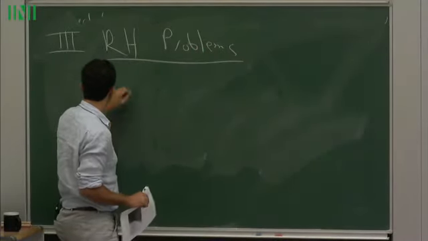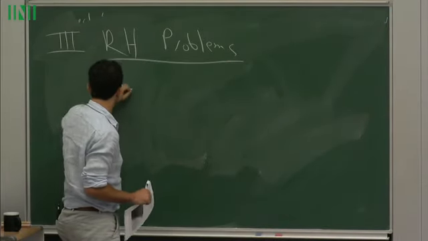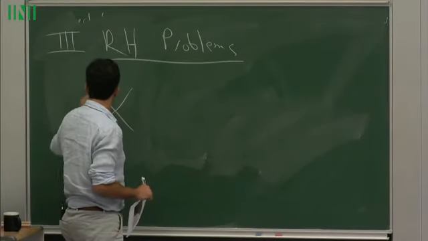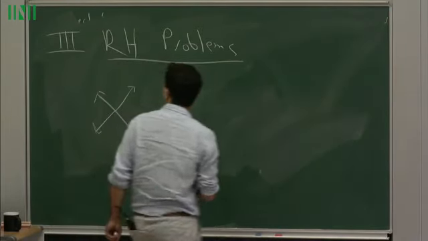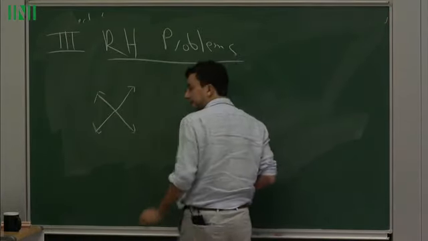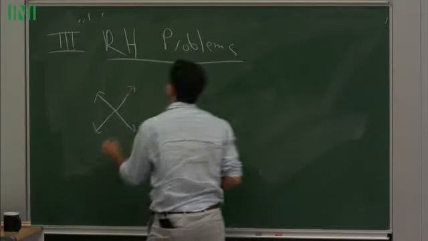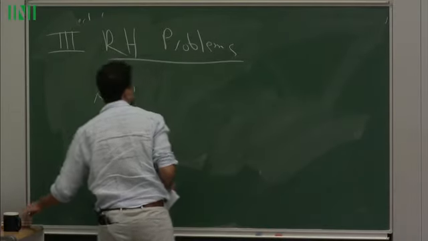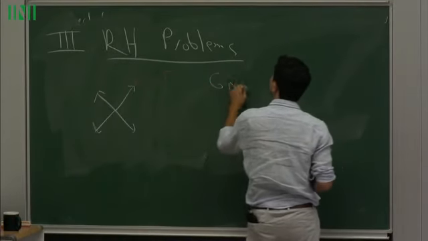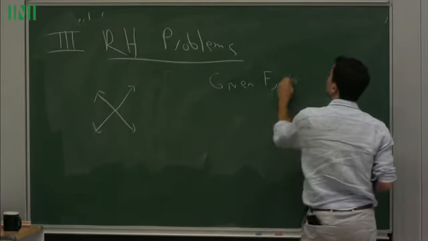So we have some contour, gamma, and on this contour we're given f and g.